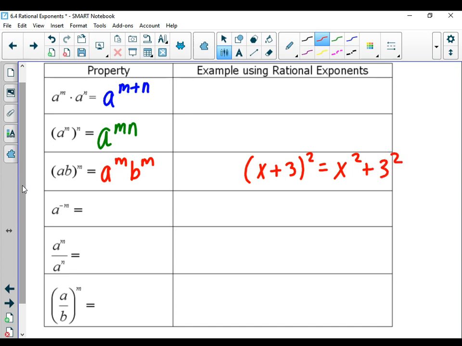So notice the difference. That has a plus sign. This does not. So when people say we're distributing the exponent, you're basically just applying the exponent to both pieces. In other words, it would be AB times AB if it was AB squared.